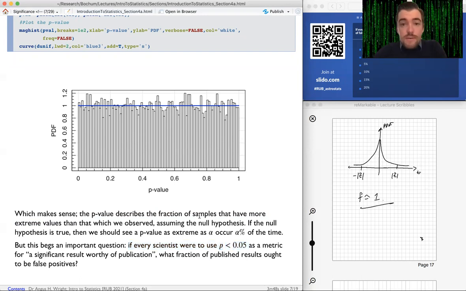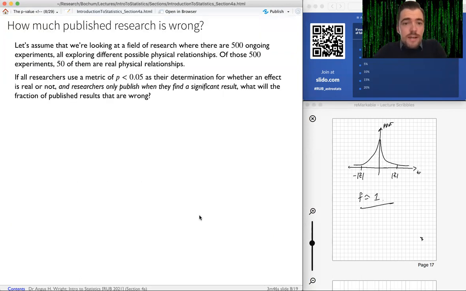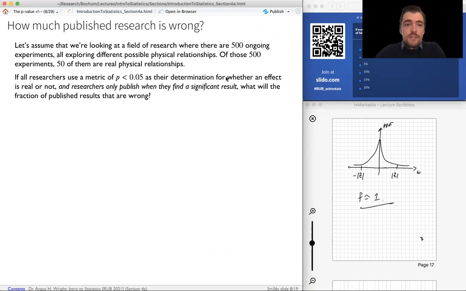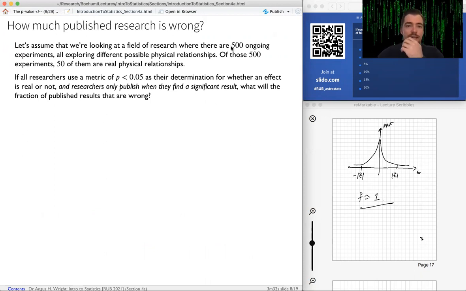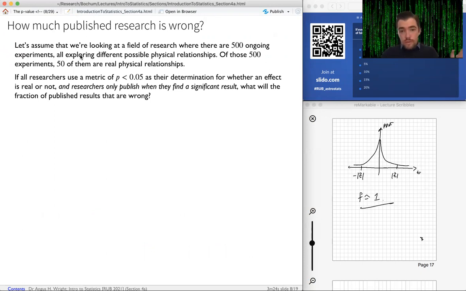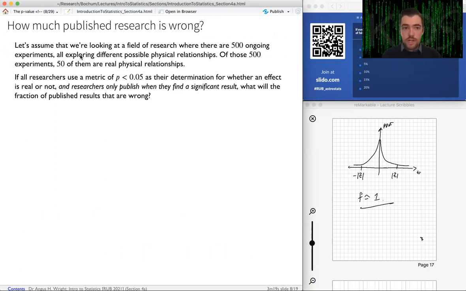This is a very, very relevant question. It asks: how much published data is wrong? How much published science is just wrong? So let's assume that we're looking at a field where there are 500 ongoing experiments, all of them exploring a particular possible physical relationship.